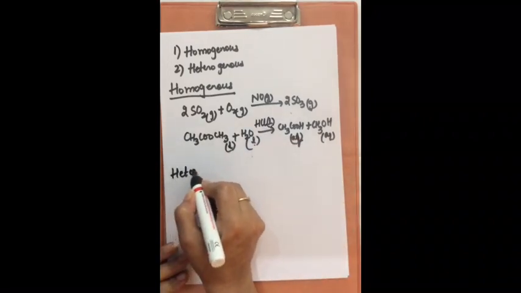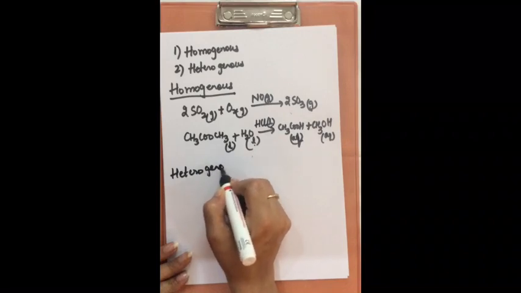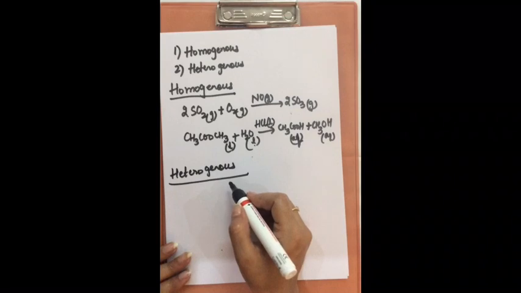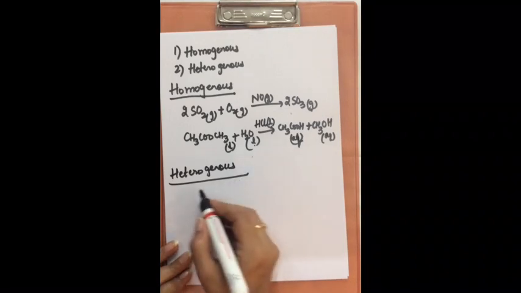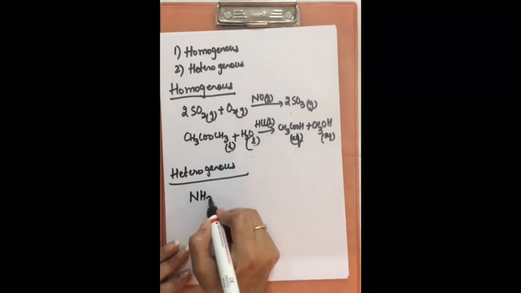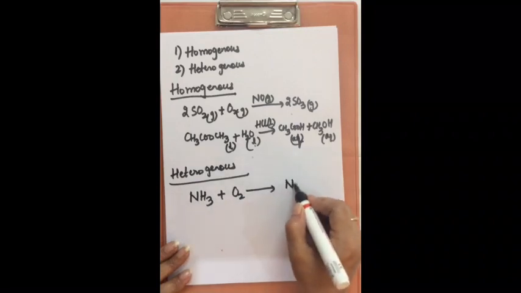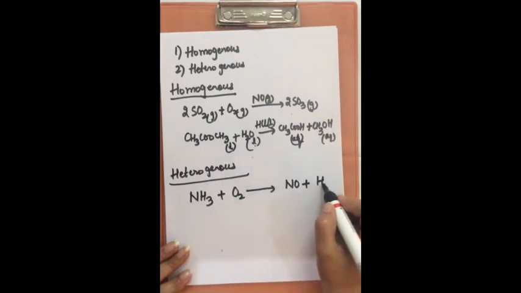Second is heterogeneous catalysis. When a catalyst is in a different phase from that of the reactants, the phenomenon is known as heterogeneous catalysis. Example: ammonia when it reacts with oxygen, there is formation of NO and water.